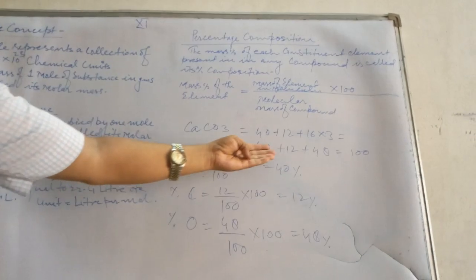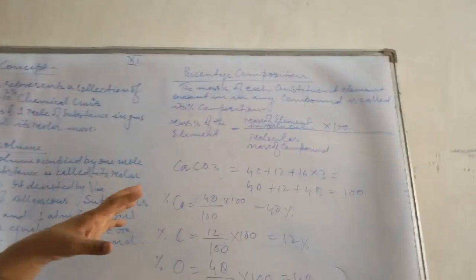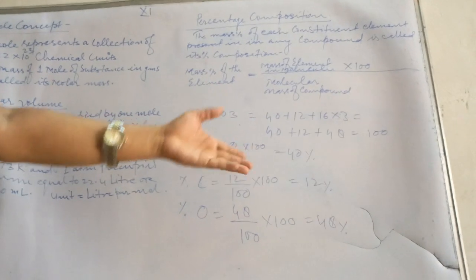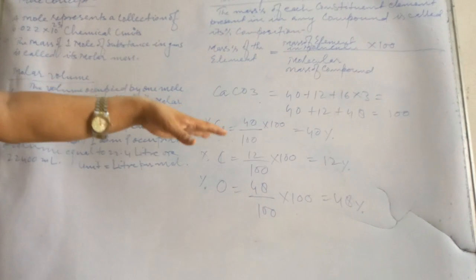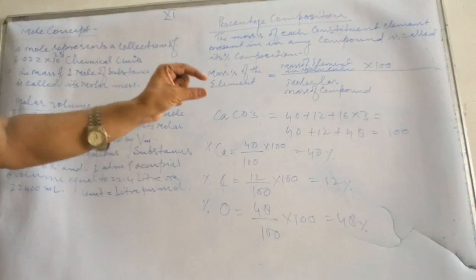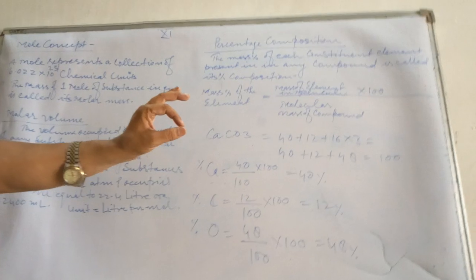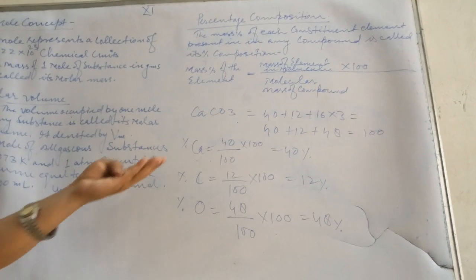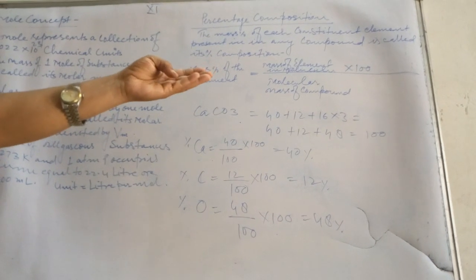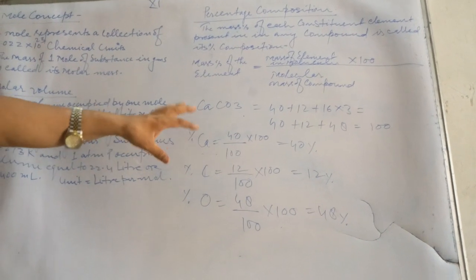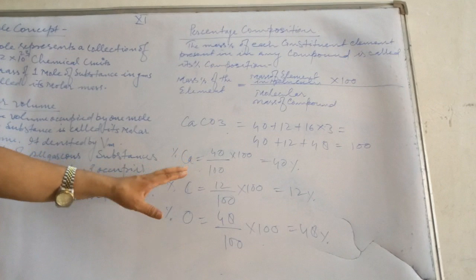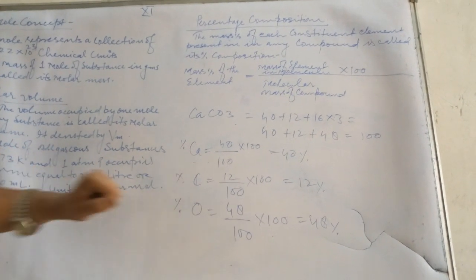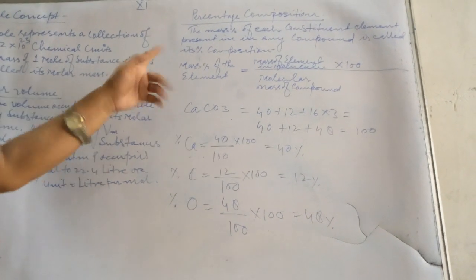Overall it goes to 40 plus 12 plus 48, means 100 unified mass, and when this is in grams then it is called gram molecular mass, means 100 gram is the gram molecular mass of calcium carbonate. So taking this gram molecular mass of the compound, we have to calculate the mass percentage of calcium, carbon and oxygen. Apply the formula.